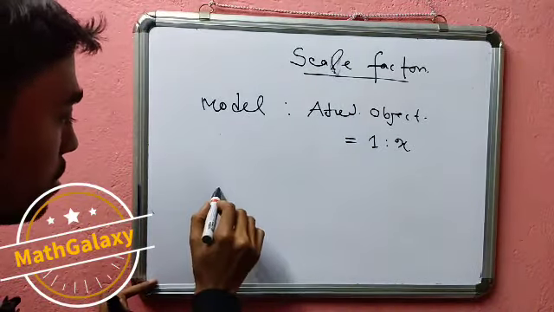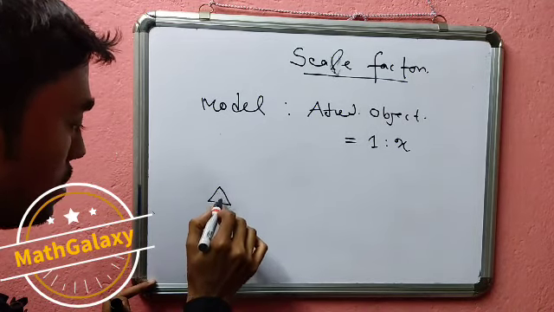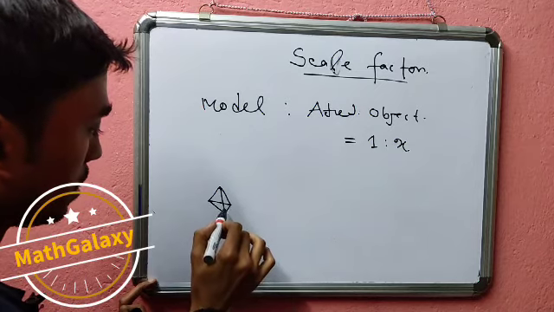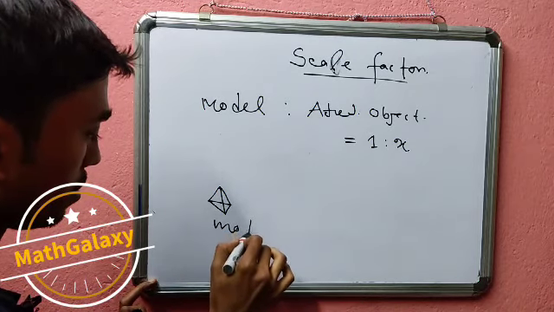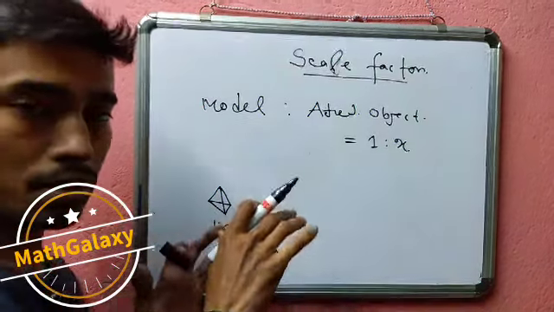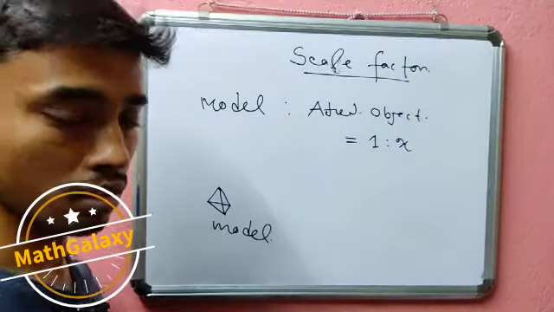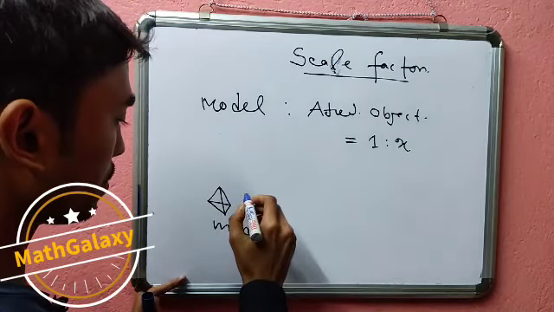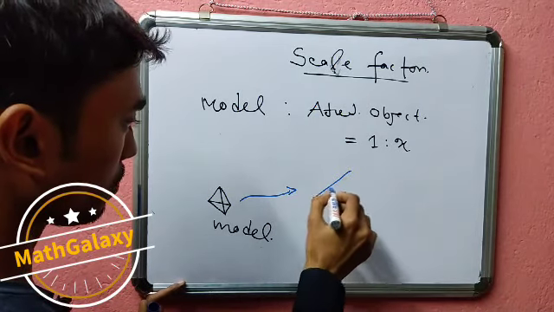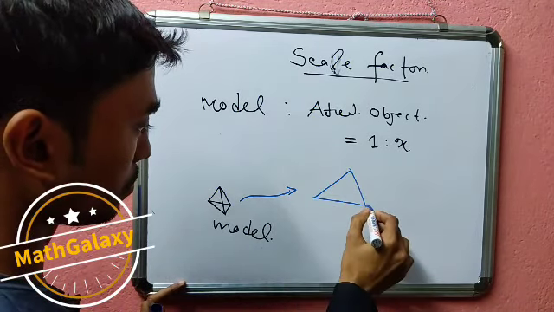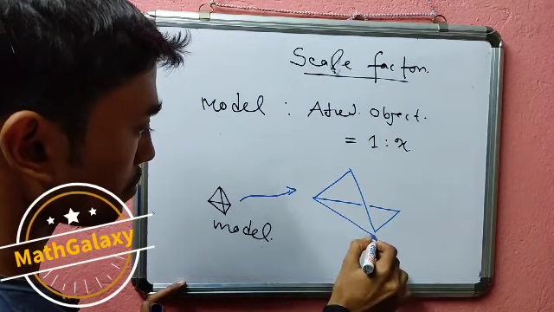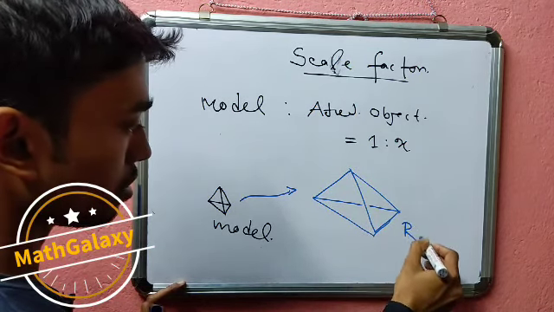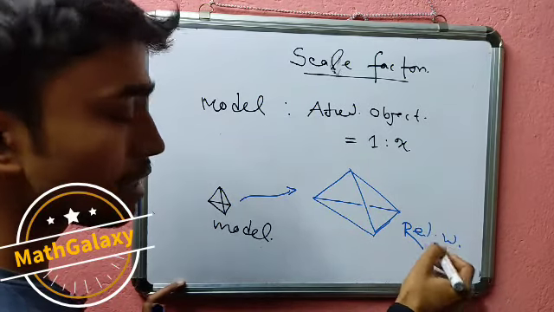So let's imagine that this is a pyramid. Just imagine that this is a pyramid, and this is actually a model. Model means that this pyramid I created on my desk. And now you imagine that this has been extended like this. So this is the real world object.